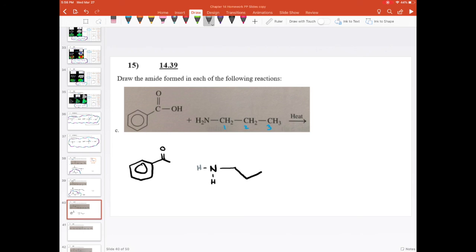The OH from the carboxylic acid and the H from the amine leave to form water. So those go away. And the bonds that were going to those things instead just connect to each other. Now you don't want to leave that kind of funky looking long bond there, so you redraw the molecule.